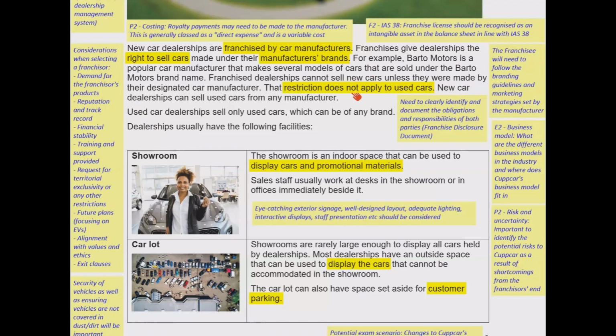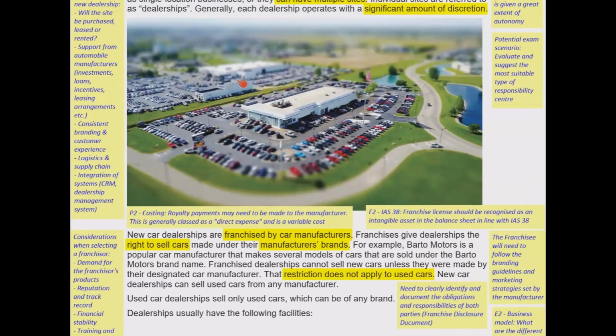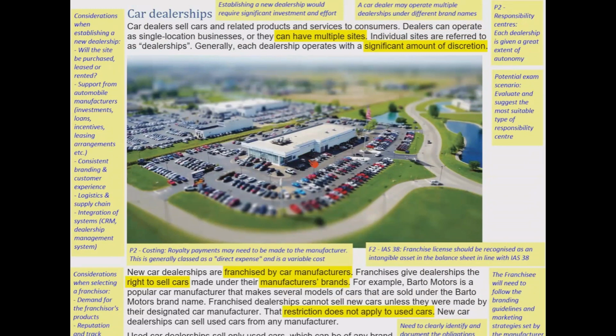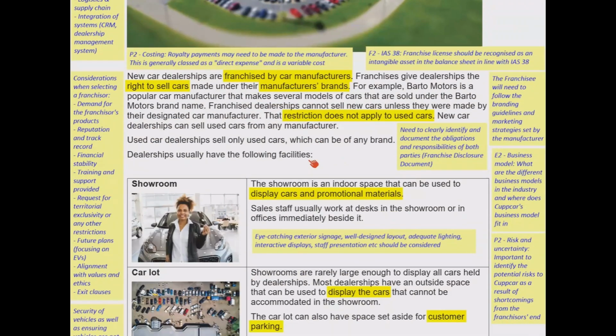Now, an interesting point is that a dealership can only sell new cars from that particular car manufacturer that they have a franchise agreement with. So each new location, each center, as we can see in the diagram, has an agreement with one car manufacturer, and the only new cars it can sell are from that one manufacturer.